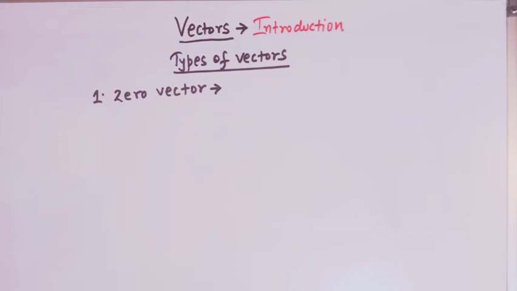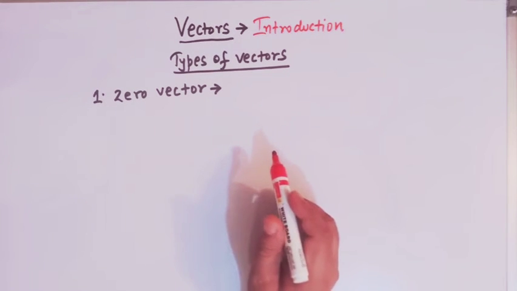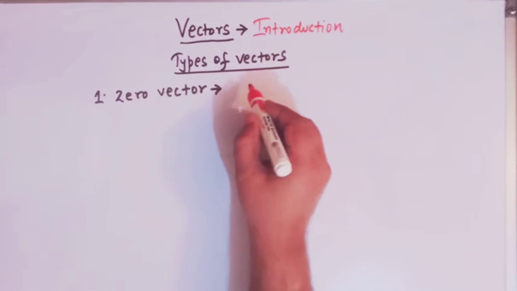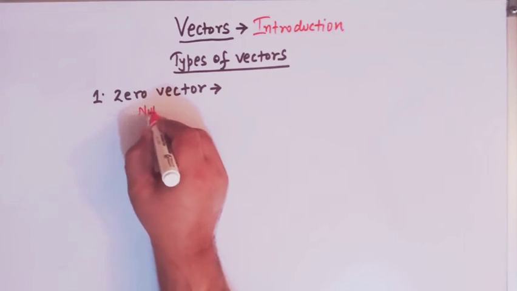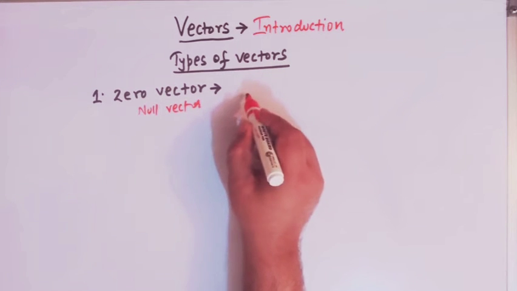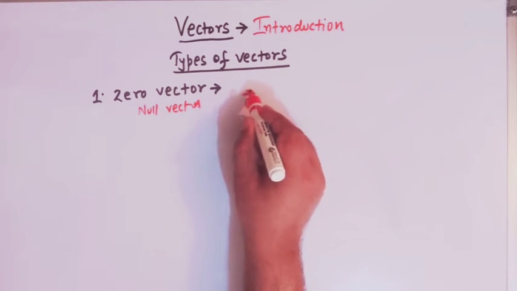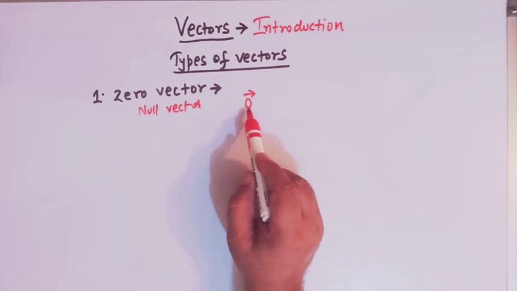Now let us take the types of vectors. In vector algebra, we come across different types of vectors. The first one is the zero vector.